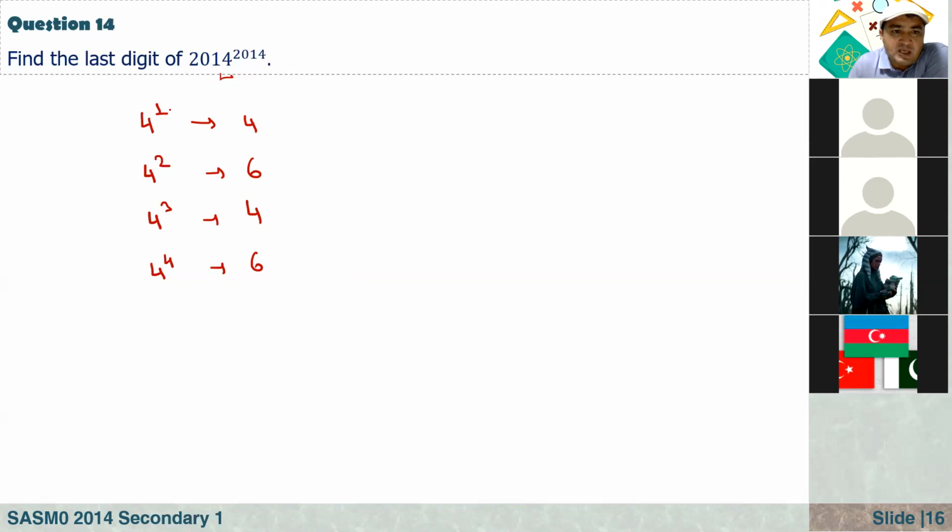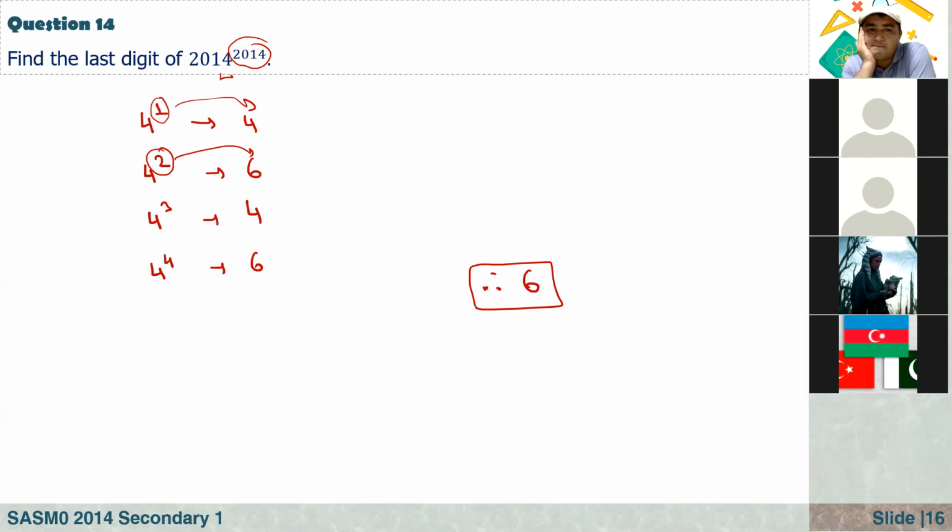That means that, as you see, if the power of 4 is an odd number, the last digit is 4. If the power is an even number, the last digit is 6. But here, 2014 is an even number, right? And that's why the last digit of this number is, what is it? 6.